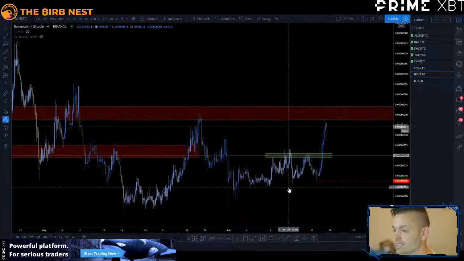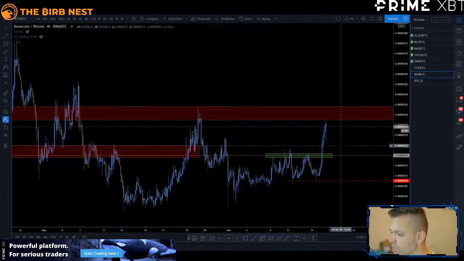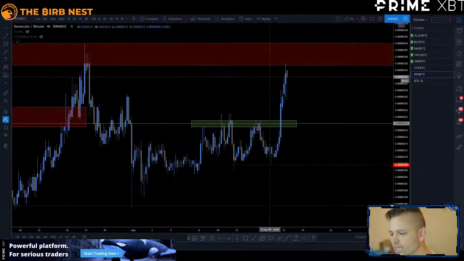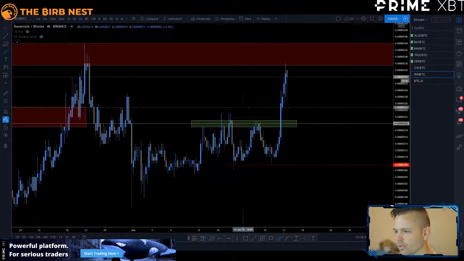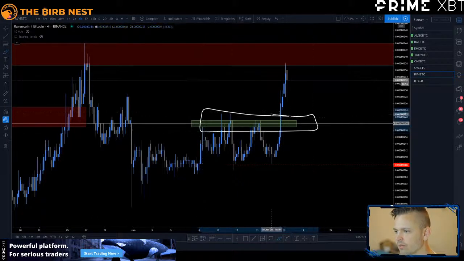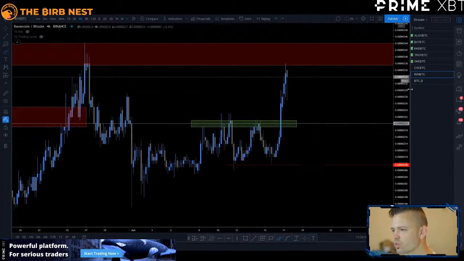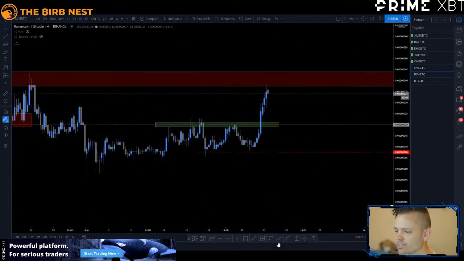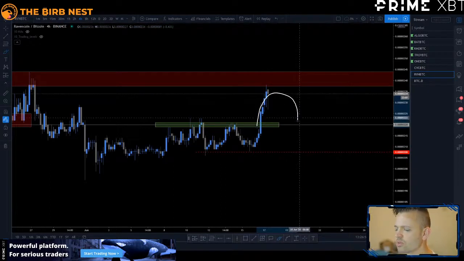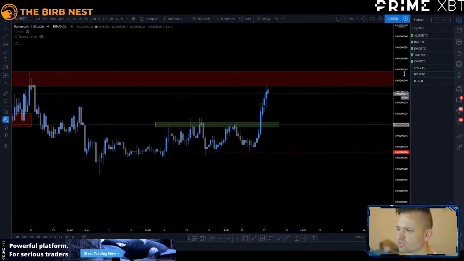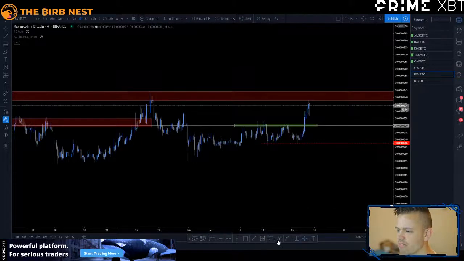RVN BTC. This is actually something I'm watching for a possible trade, because I do really love this area here below. Not really sure about this one right now. I would like to see a rounded retest on a 4-hour. We're not really that close to having a rounded retest right now. This might have been the actual bounce that I was looking for, because it's confluent with these highs here.